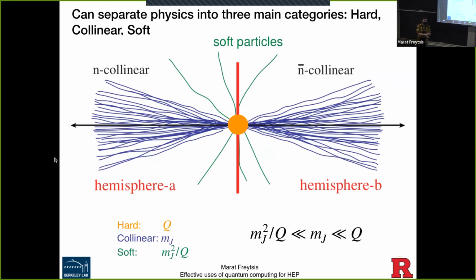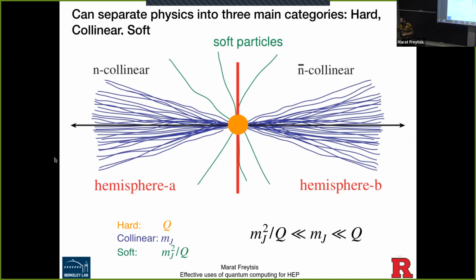There's another scale associated with physics happening along a particular direction, particularly for highly energetic particles, and that is referred to as the collinear scale. When we're thinking about QCD at the LHC, you can think of that as being roughly the order of the mass of the jets that get produced. But it turns out there's actually an additional scale in this problem known as the soft scale, which is given by a ratio of the collinear and the hard scales. It is the characteristic scale at which you need some other way to describe what's happening with the soft radiation in the problem.